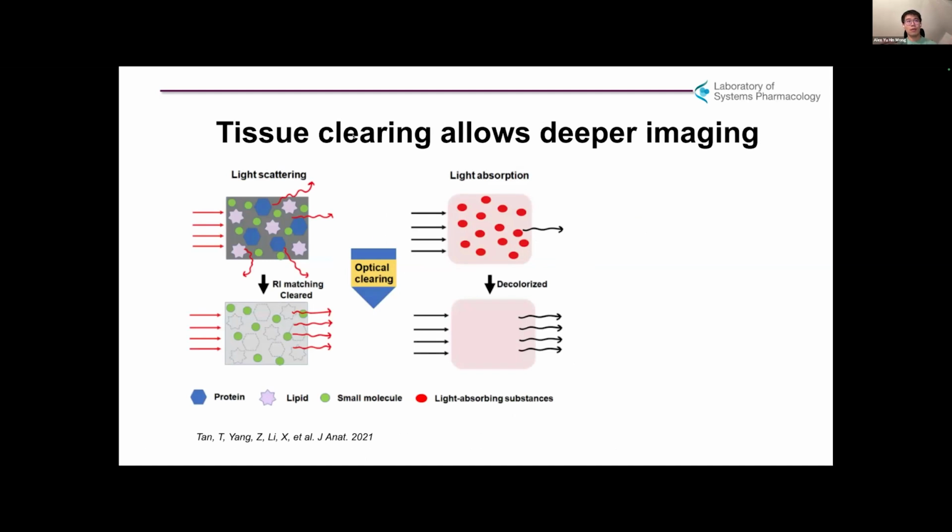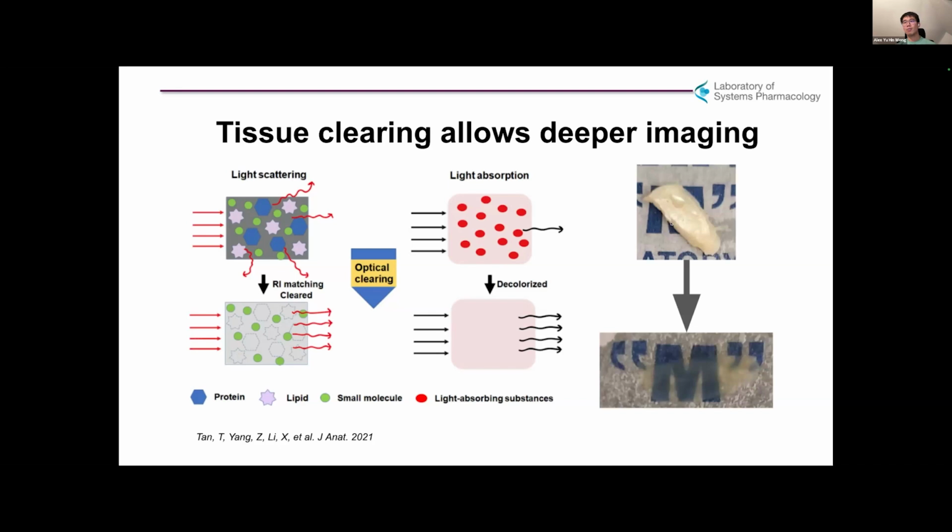We need to remove either some lipids or even just refractive index match, and basically turn it into a jelly-like substance and remove all the pigmentation to reduce the amount of light scattering and also light absorption. And so what you end up with is a transparent tissue. But the tricky thing is to keep this very fragile tissue intact so that you can still interrogate all of the immune cells.